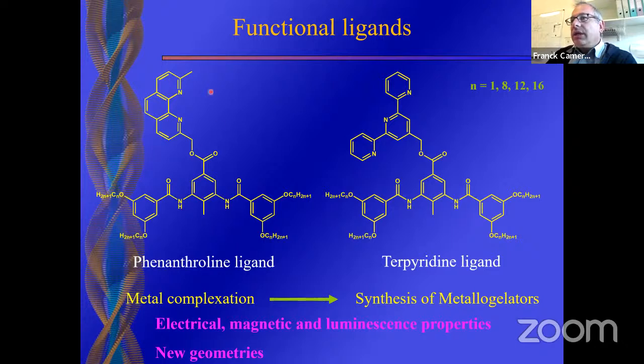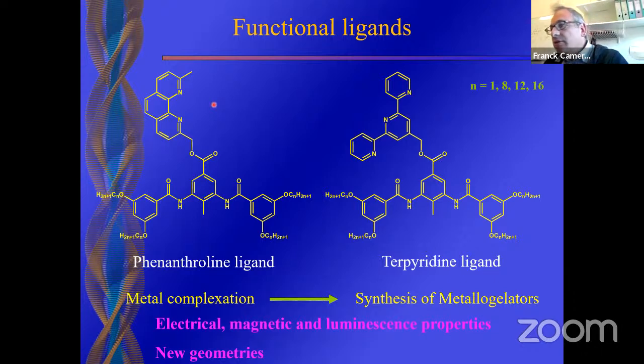So here we can graft, for example, ligands such as bipyridine, terpyridine, phenanthroline, sorry, phenanthroline here, and terpyridine here. This is interesting because by introducing these ligands, you can add some metals, you can make complexes with metals, and this allows you to obtain metallogelators.